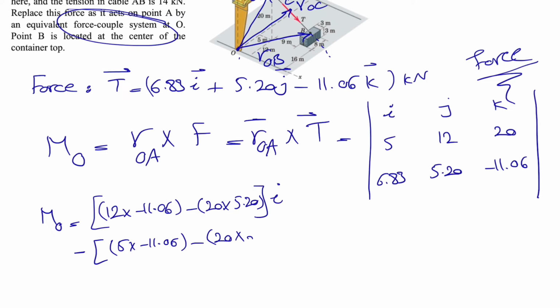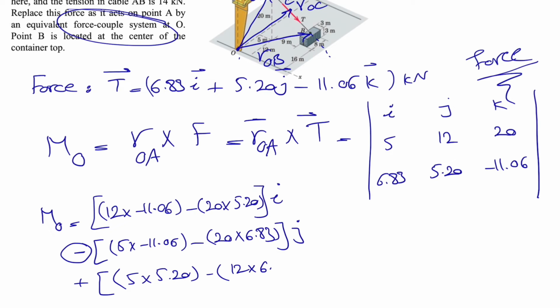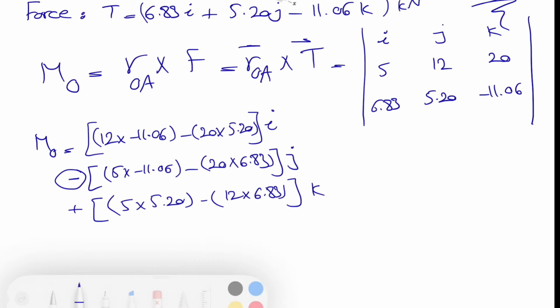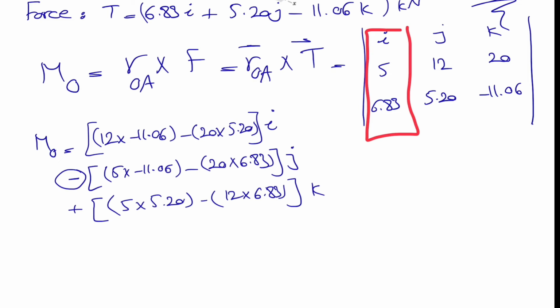This would be our I. We'll have a negative sign for J, and we'll have 5 times minus 11.06 minus 20 times 6.83. That would be our J component. Again, don't forget this negative sign in here. And for K, we have 5 times 5.20 minus 12 times 6.83.